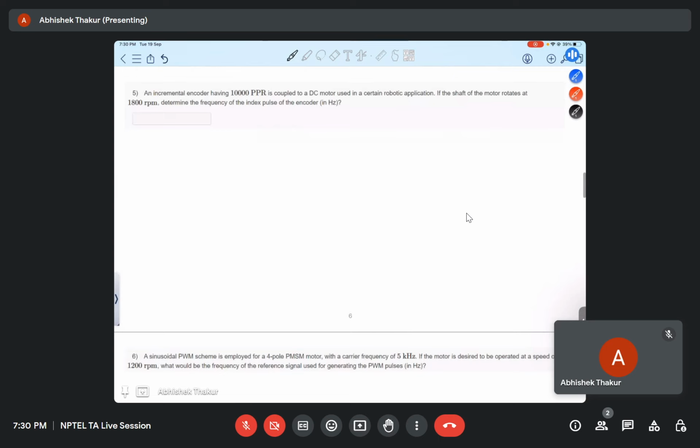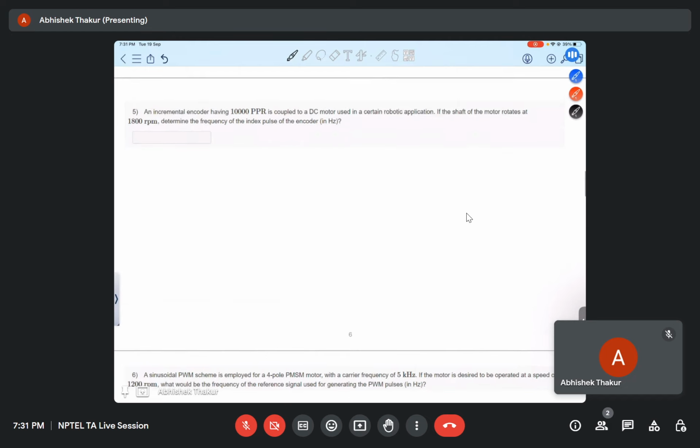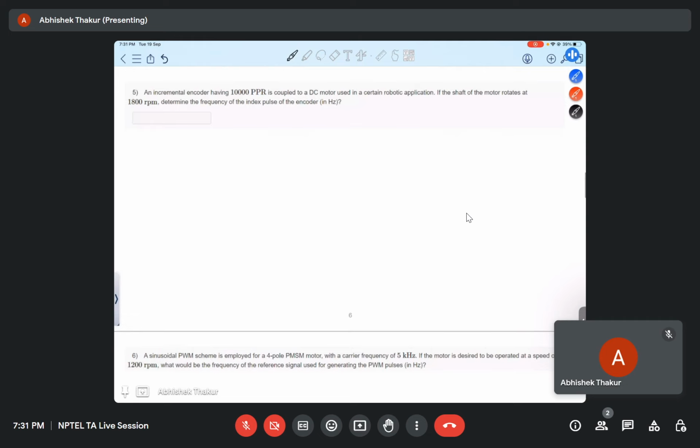So now we'll solve the next question, question number 5. In this question it is given an incremental encoder having 10,000 ppr coupled to a DC motor used in a certain robotic application.